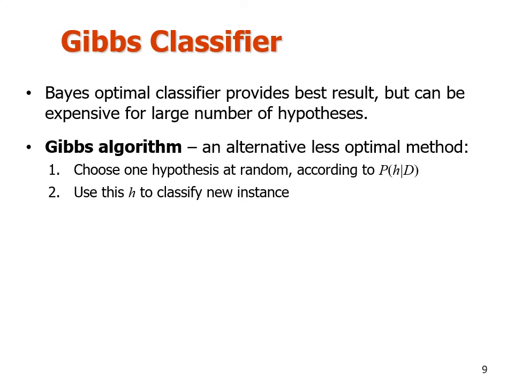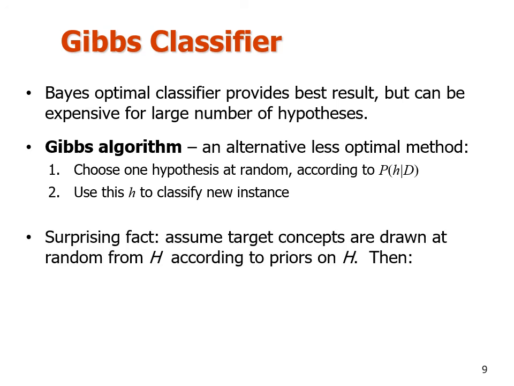The surprising fact here is, assuming the target concepts are drawn at random from hypothesis space H according to priors on H, it is found that the expected misclassification error for Gibbs algorithm is less than or equal to twice the misclassification error for Bayes optimal classifier.